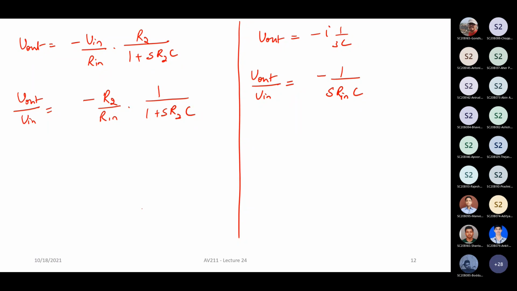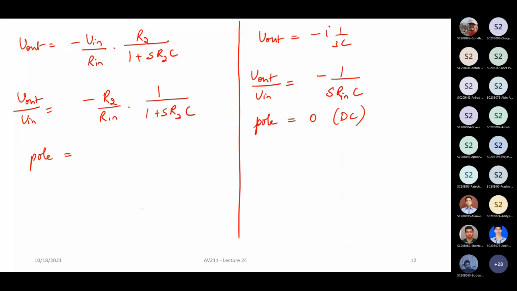Now, if you look at these two transfer functions side by side, here you see that the pole is where? Where is the pole? At 0. Pole is at 0, which basically means the pole is at DC, right? Where is the pole here?